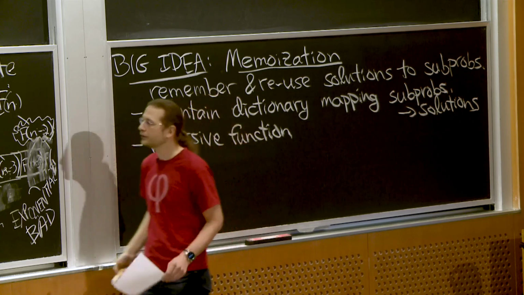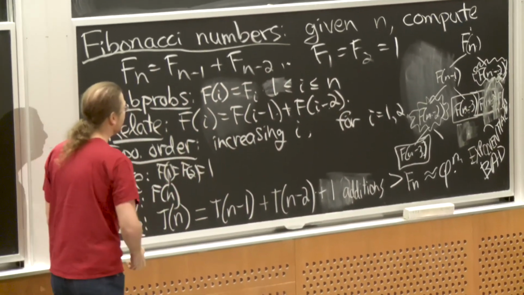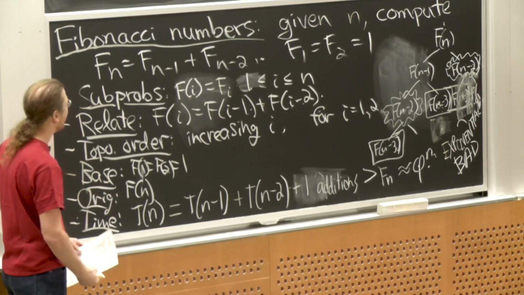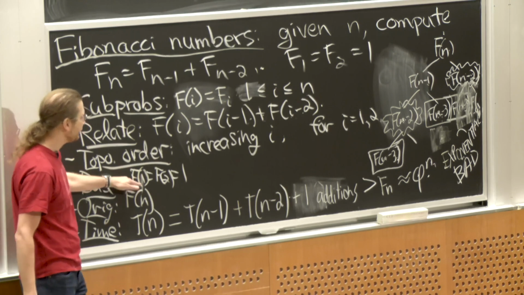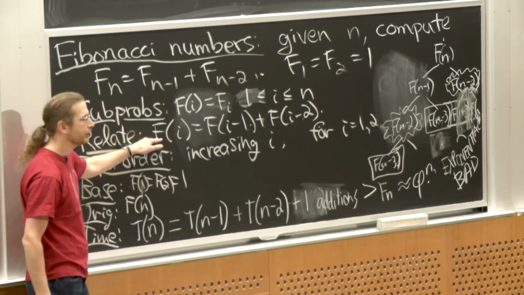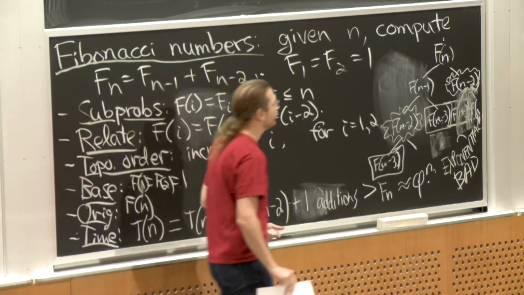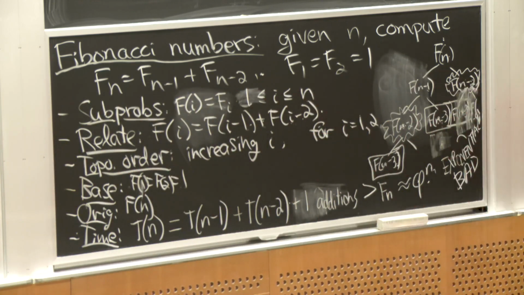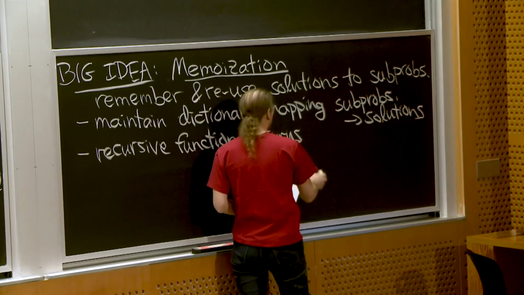When we write the code for our recursive function, in general, once we have a recursive description, we can turn this into code, right? We define f of i, and it says, am I in a base case? If so, return this. Otherwise, do this recursive call. That's our recursive algorithm. But we're going to do a little more now. First, we're going to check whether this subproblem that we're trying to solve has already been solved.